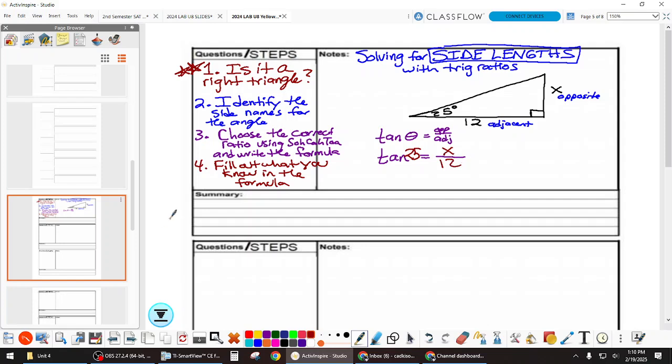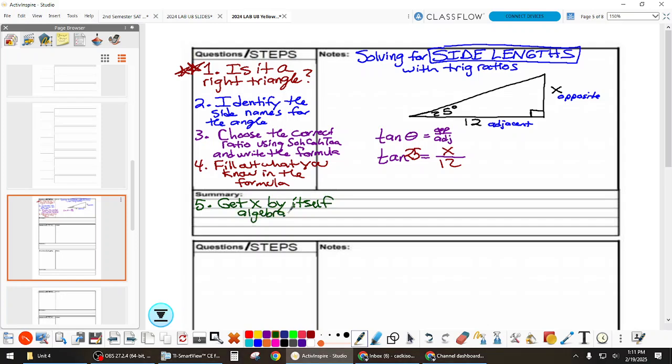Good? All right, so from here, the steps kind of vary. This example versus the next example will vary a little bit. Our goal, though, is to just get x by itself. I don't want to go into all the details, I'll just show you.